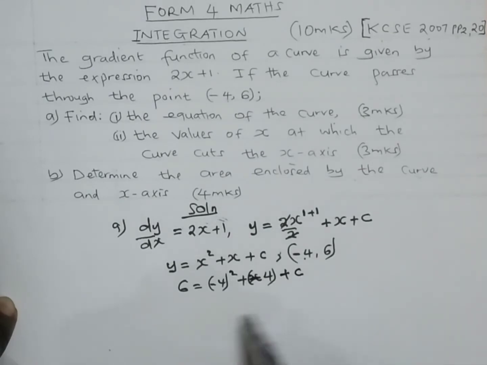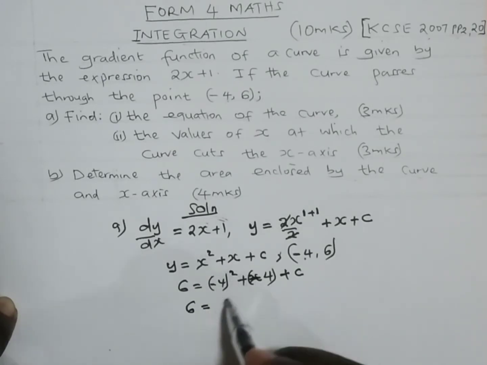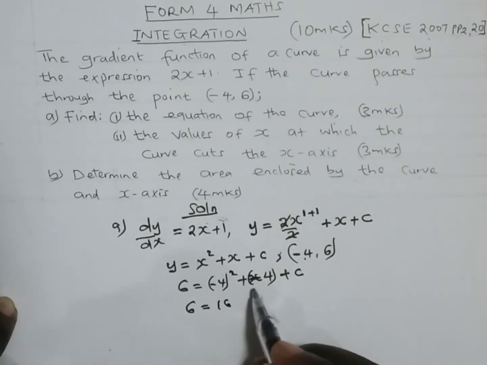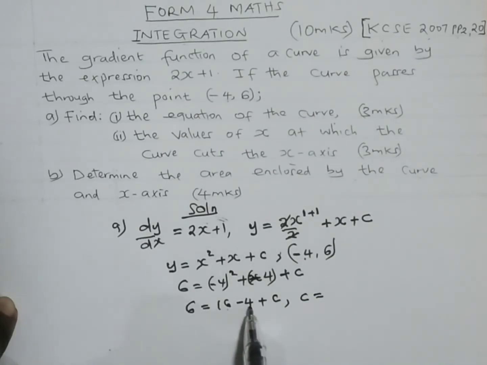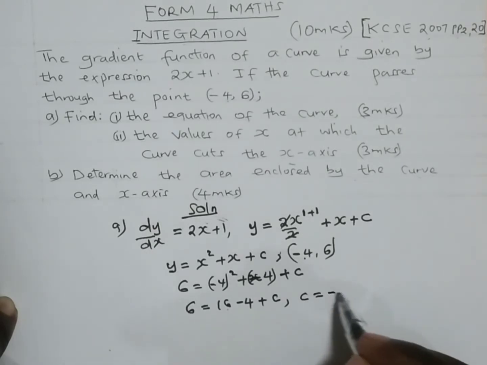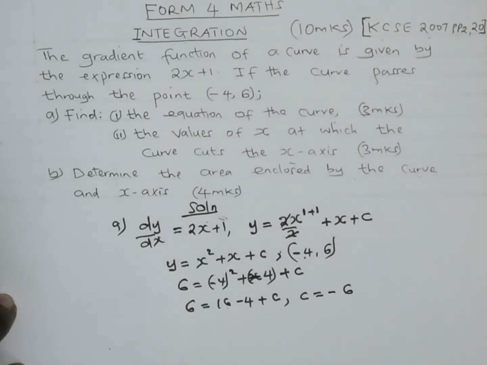plus c. This is going to be 6 equals -4 squared, which is +16. Then plus minus will give us -4 plus c. Therefore 16 minus 4 will give us 12. 12 goes to this other side where it becomes a minus, so 6 minus 12 will give us -6.